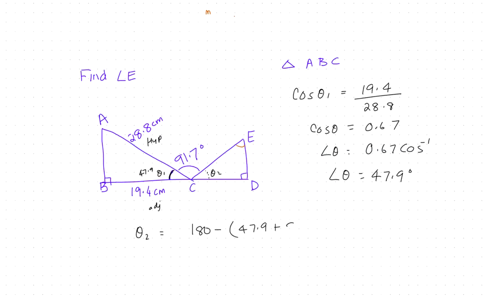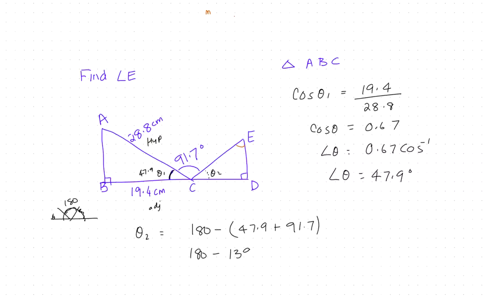Because we know the straight line angle is 180, up to here is theta 1 and this is 91.7. So this angle will be 180 minus, add the two. So 180 minus 91.7 plus 47.9 equals 139.6.